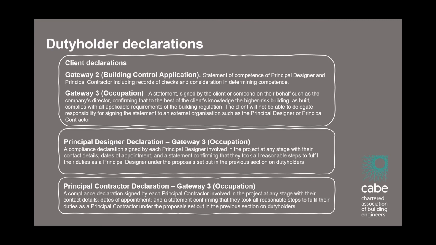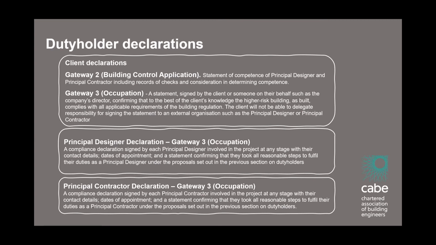Now, this has changed in significant ways from earlier drafts, where the principal designer and principal contractor were going to be required to sign statements that the building complied with the building regulations. That was seen as something that neither could do to a sufficient degree of certainty, given the complexity of the interrelationship between construction and design, and it was regarded quite seriously as an uninsurable risk ultimately.